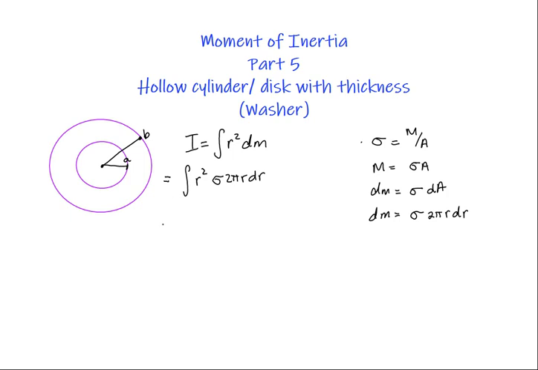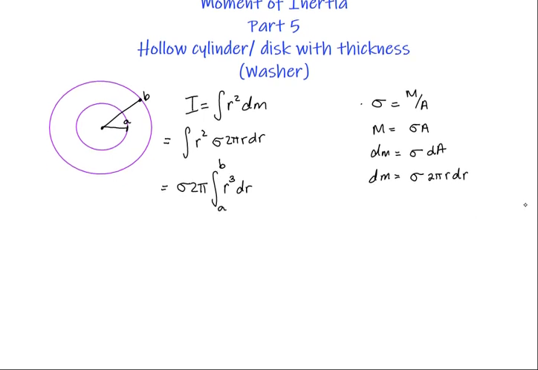I can pull out these constants, sigma, 2 and pi, and you integrate. Now this becomes r squared because I have r squared times r dr. Now I'm going to put my limits of integration from the inner radius A to the outer radius B. You could use r sub 1 and r sub 2 or any other combination, but to me just using A and B eliminates the subscripts. At this point I'm going to do the integration.